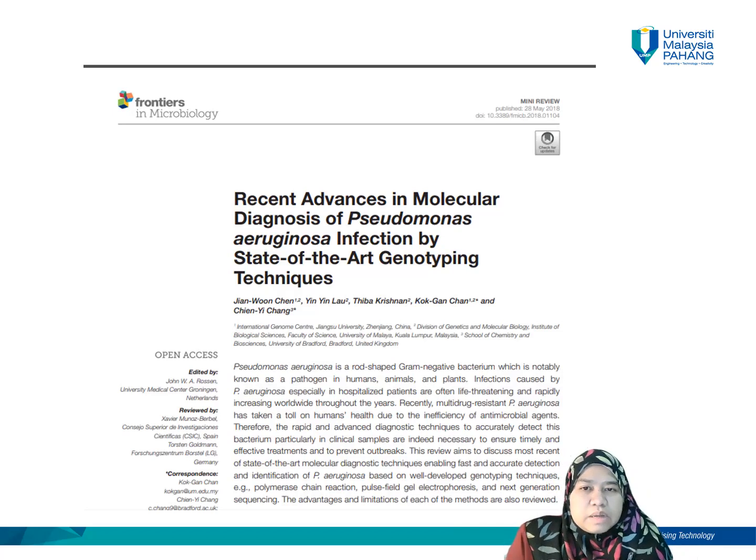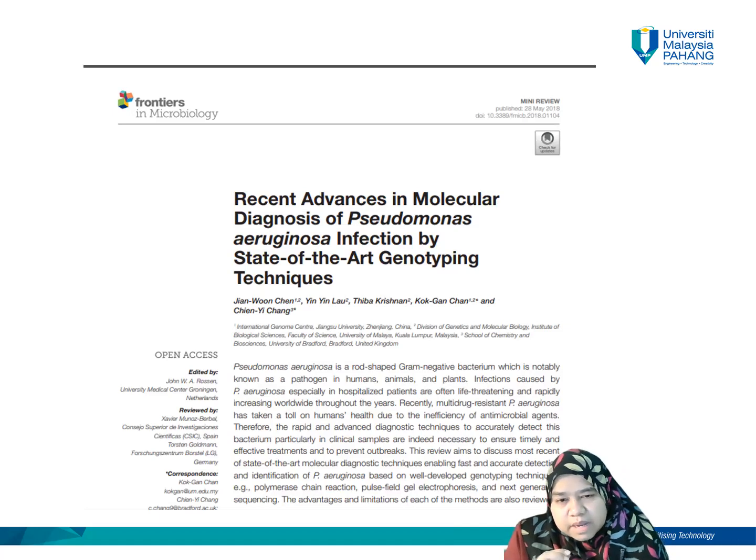Okay, so the diagnosis of bacteria has also been done using next generation sequencing or polymerase chain reaction. Okay, these are some examples of the applications of PCR in research done worldwide.